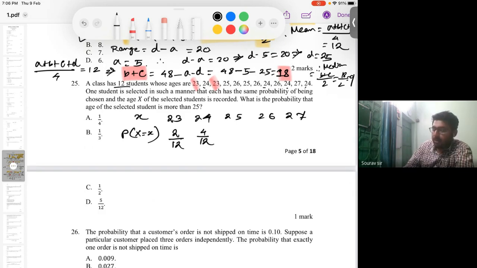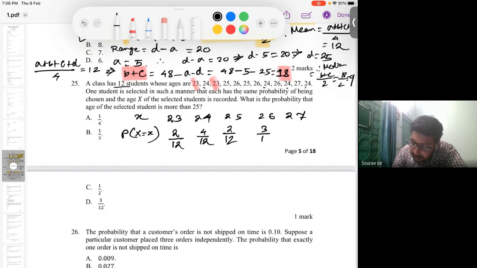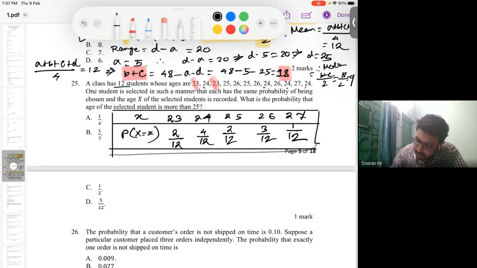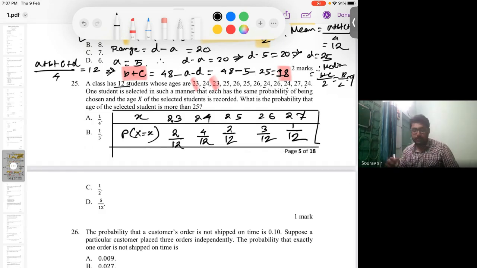Just find out how many 25s there are in this list: it will be 2/12. How many 26s are there? It will be 3/12. And for 27, it will be 1/12. So this is the table.